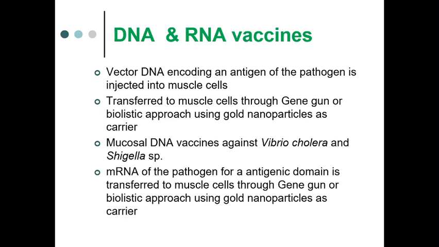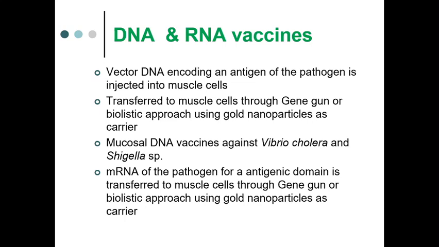Gold nanoparticles act as carriers for that DNA. And then that DNA expresses in the target host, and that antigenic protein produced by that particular DNA through the mRNA route will serve as a subunit vaccine.